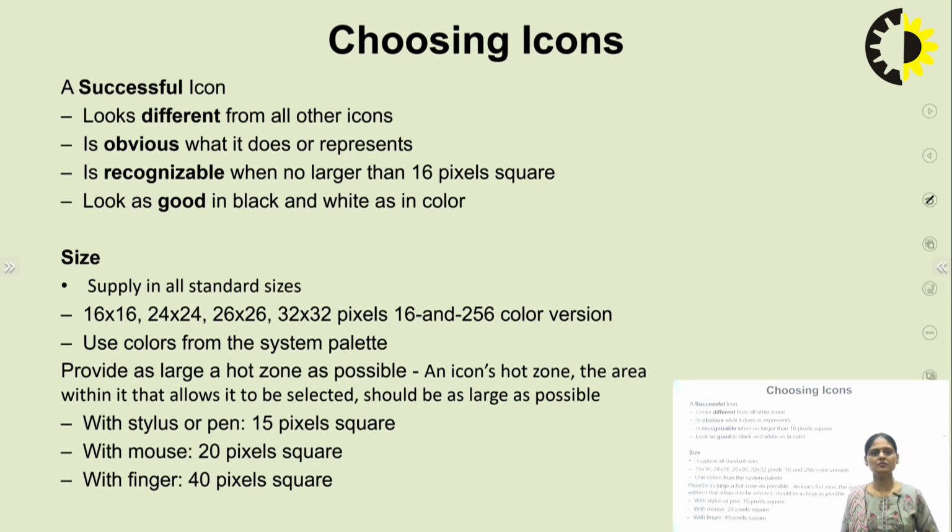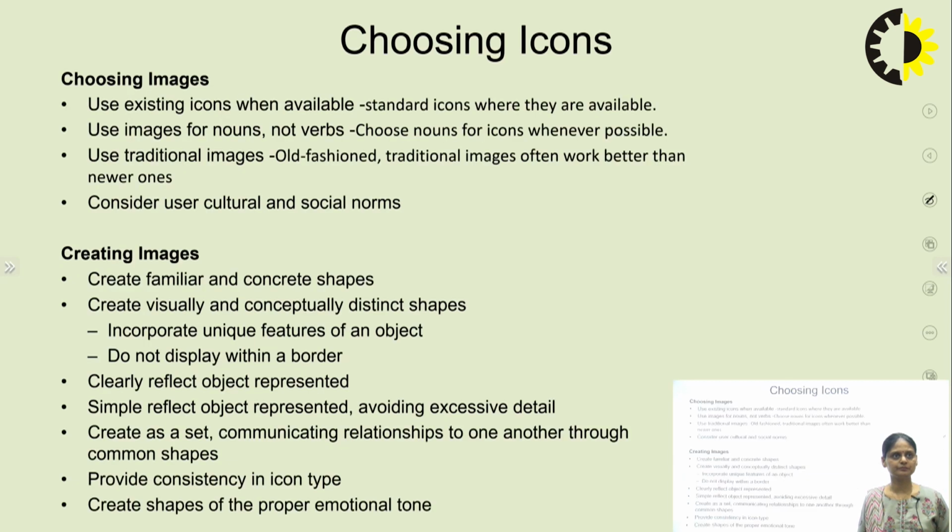The icon's hot zone is the area within it that allows it to be selected, and it should be as large as possible. With a stylus or pen we have size limitations, or we can have a standard size of 15 pixels square. These sizes are recommended so that the icon is clearly visible and appropriate on the screen.